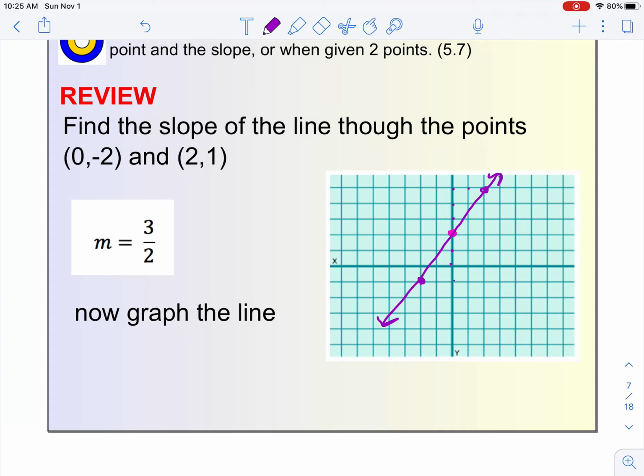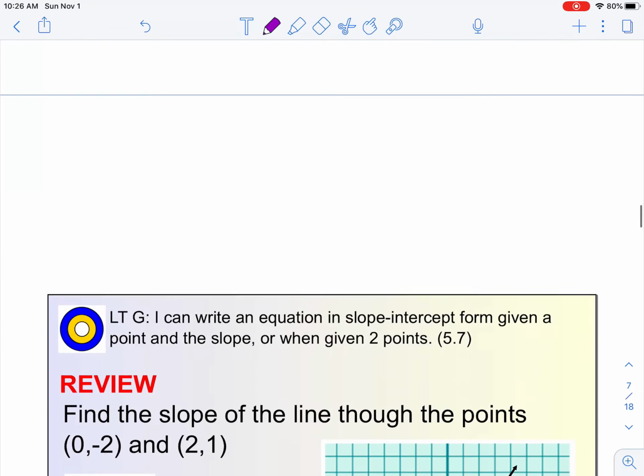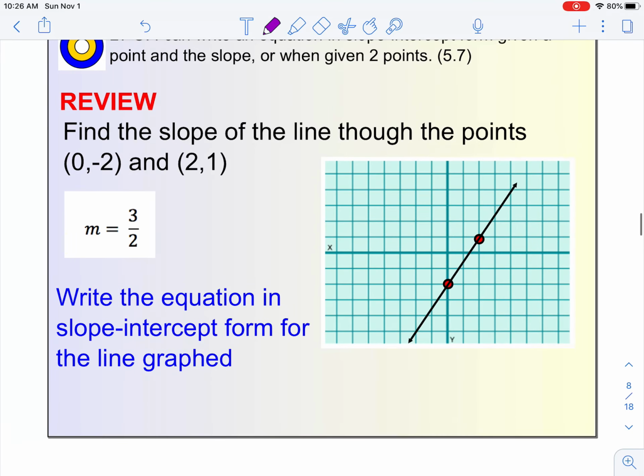So what you need to notice about this line is that when we calculated the slope, we had 3 halves, but we didn't have our y-intercept necessarily with these 2 points that we were given. So how would we write the equation if we didn't have that? Well, what we would do is take one of the points, plug it in, write an equation and solve for b.